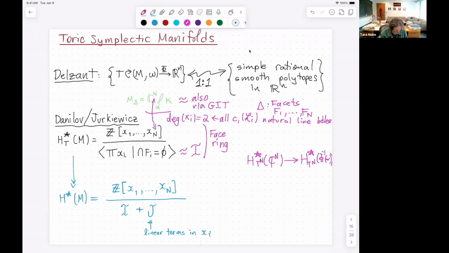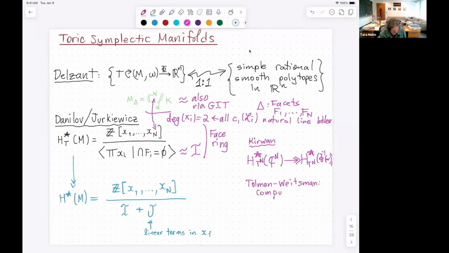And Kirwan proves that this is surjective. And there's further work of Tolman and Weitsman that lets us compute the kernel of this.